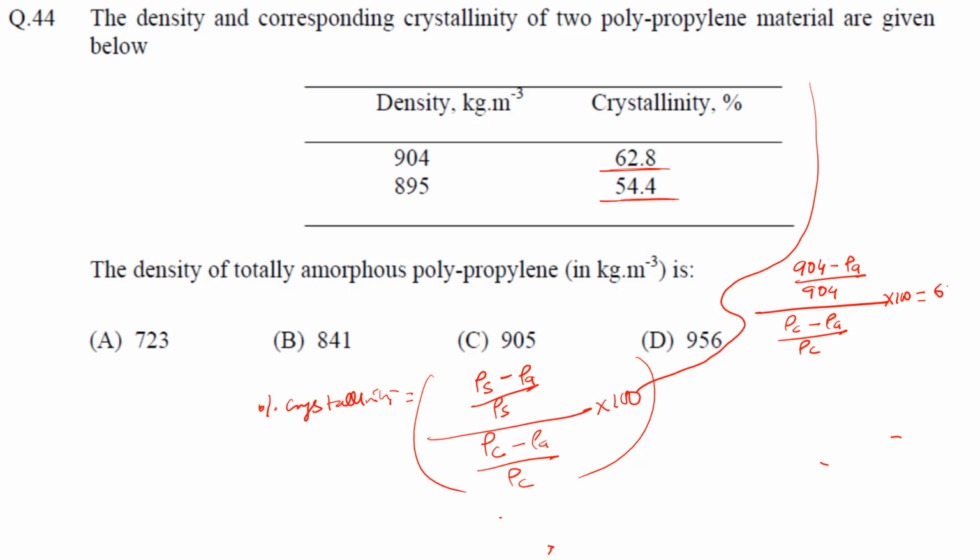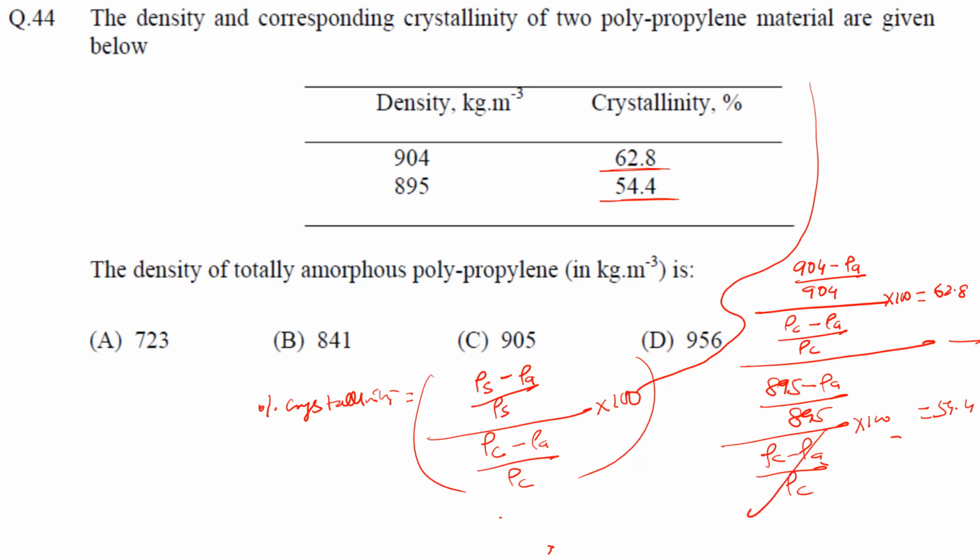is equal to 62.8. So in the second case, we'll simply write 895 minus rho A by 895, rho C minus rho A by rho C into 100 is equal to 54.4.